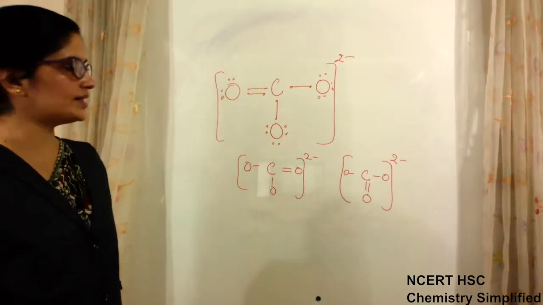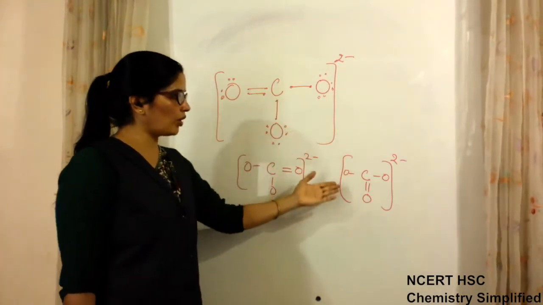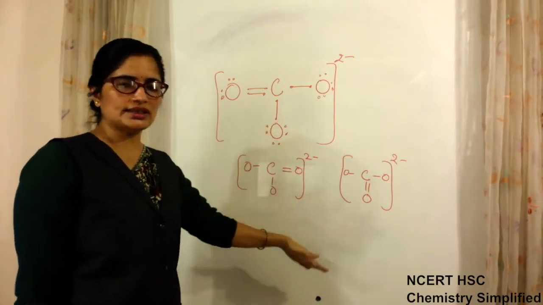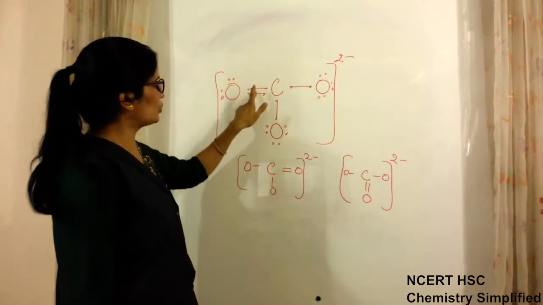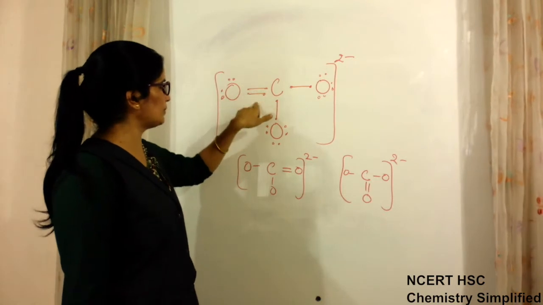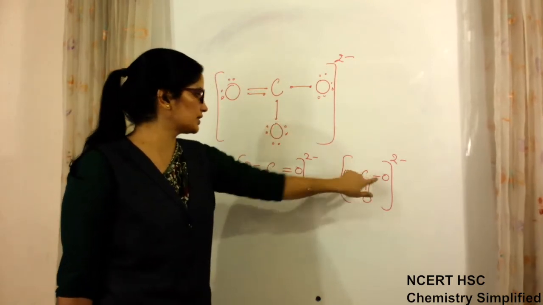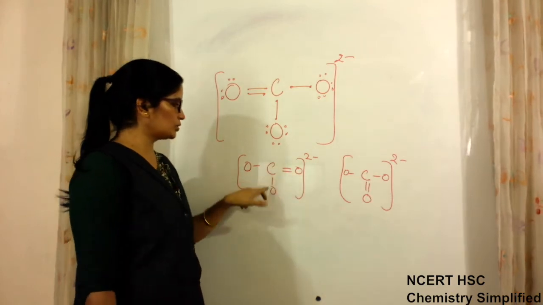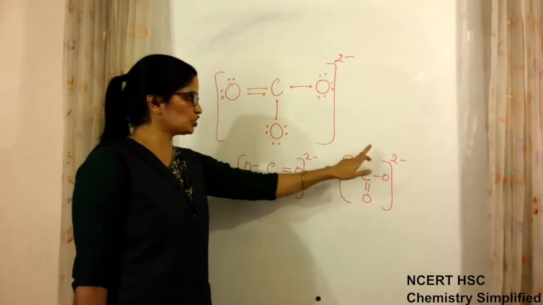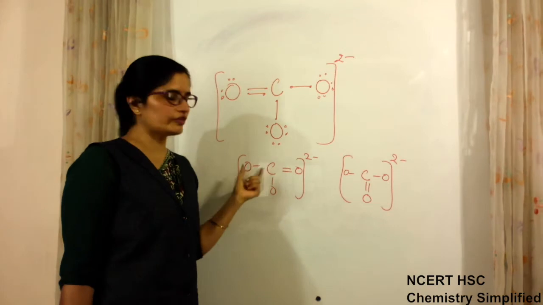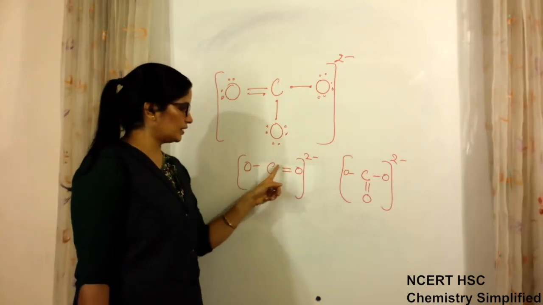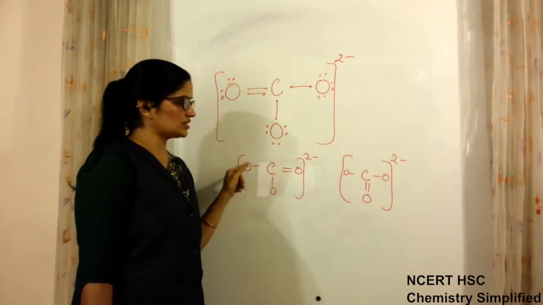Okay, no difference in number of bonds. Total number of bonds in all the 3 structures are same. 2 double bonds, 1 double bond and 2 single bonds. 1 double bond, 2 single bonds. 1 double bond, 2 single bonds. Same charge, same placement of atoms, that around carbon 3 oxygen are placed.